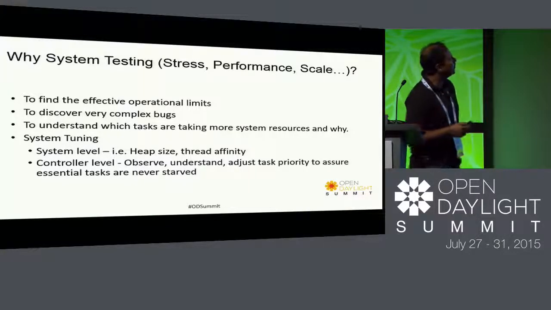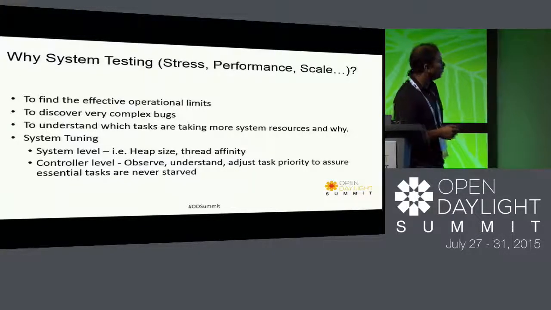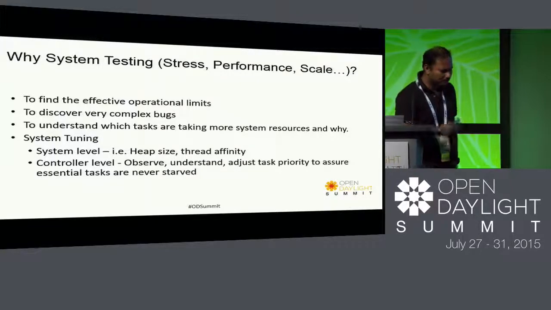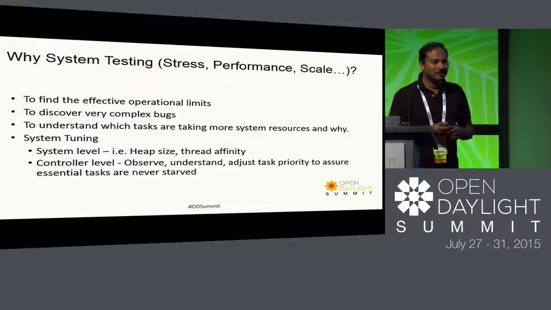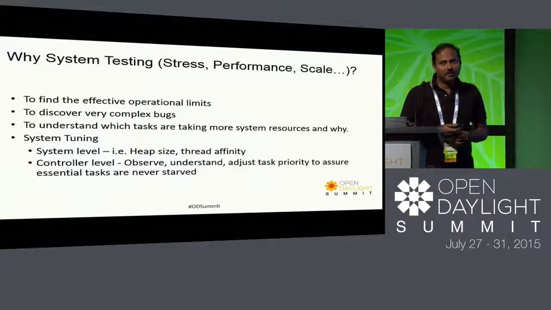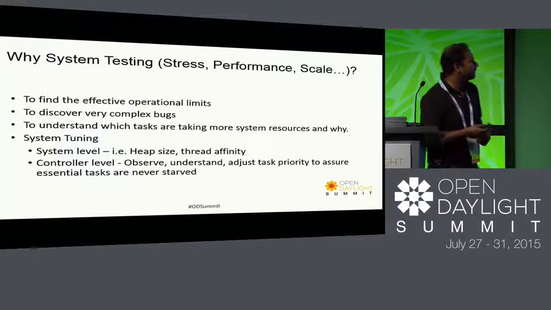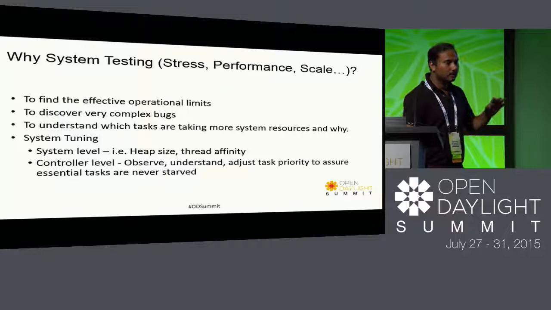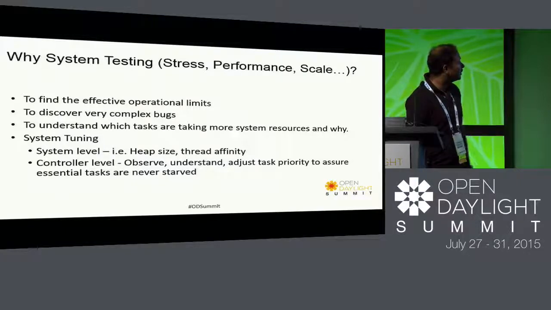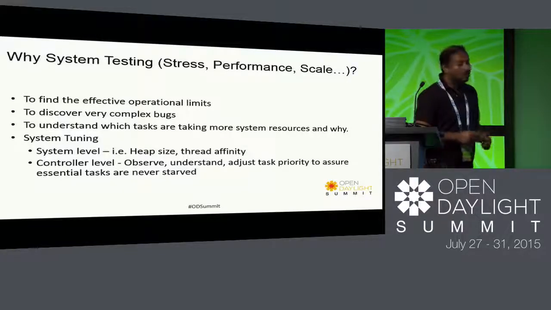So why am I doing system testing? Scale tests and performance tests give us some fancy numbers, but in real deployment, we can't expect those numbers to be true. So my goal is to find operational limits when I do system testing and discover very complex bugs.